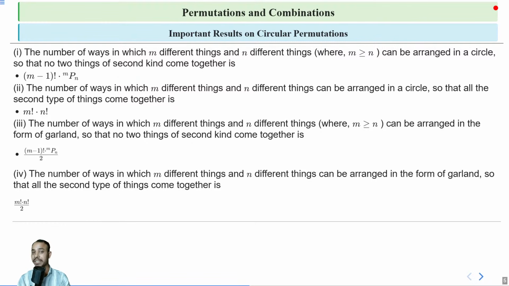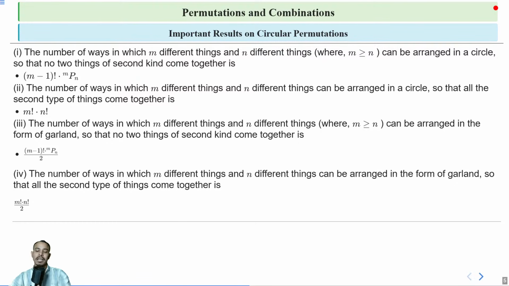How do we obtain it? First of all, you treat the n different things as a single block. Now how many different things do you have? Now you have m plus 1 different things. So what is the number of circular permutations of m plus 1 different things in the form of a garland? It is (m plus 1 minus 1) factorial divided by 2, that is m factorial by 2.